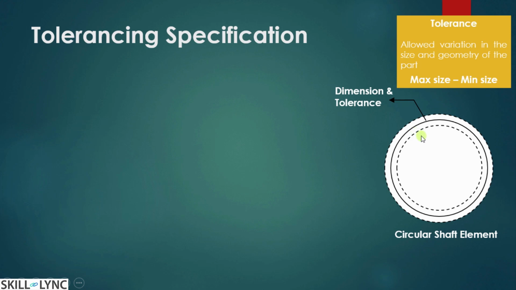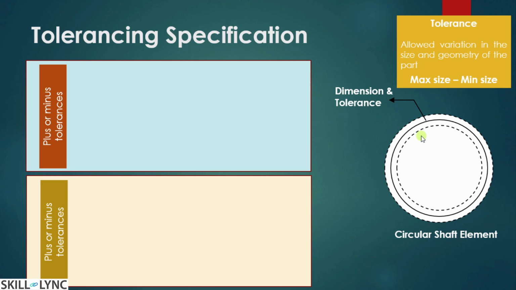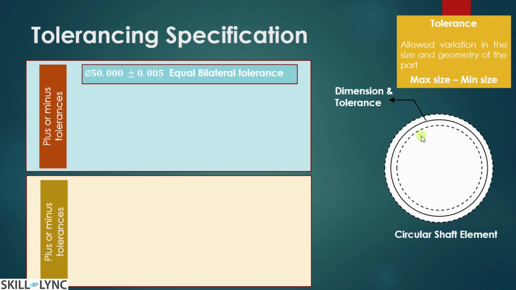So how are we going to control it? How to denote it? There are two different methods of doing it: the plus or minus tolerances, or again the plus or minus tolerances specified in a different methodology. So how do you do that? First, we call this a bilateral tolerance. In bilateral tolerance, your base dimension of 50 units dia of this circular shaft element can vary between plus or minus 0.005.